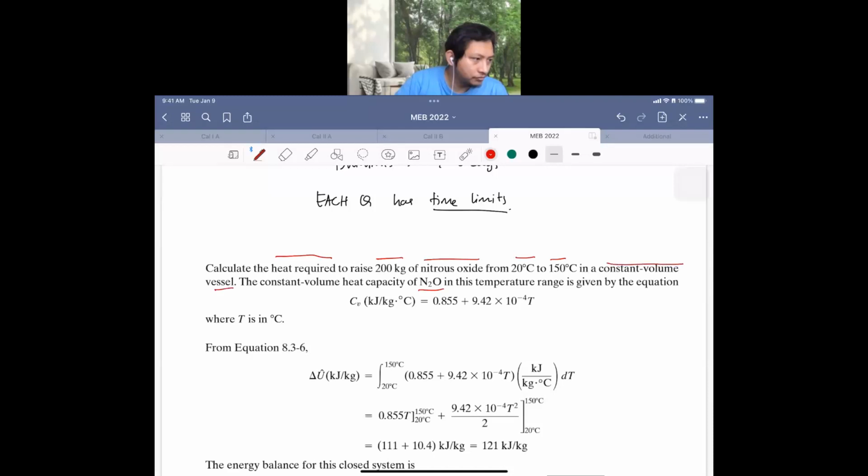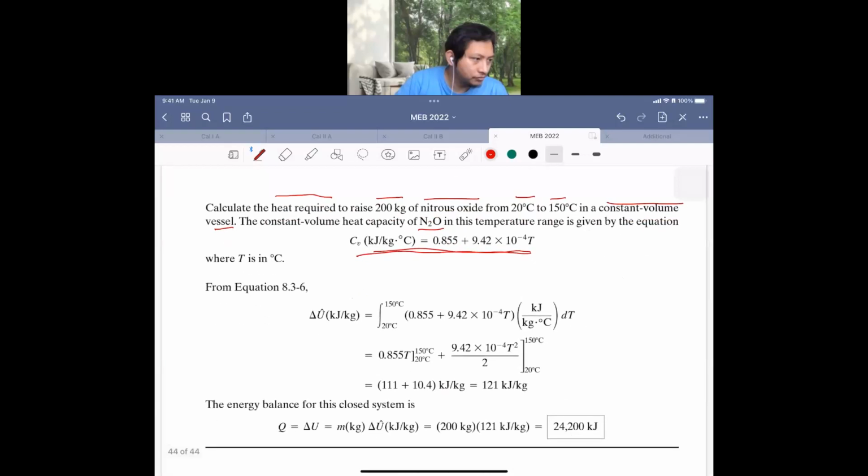So I believe that's pretty clear and obvious. And we have the Cv, it's given by these equations.